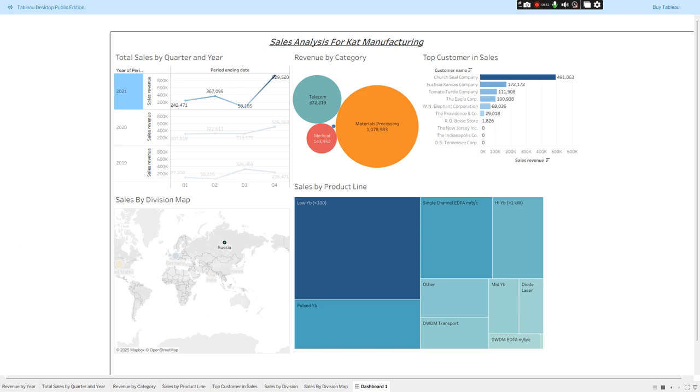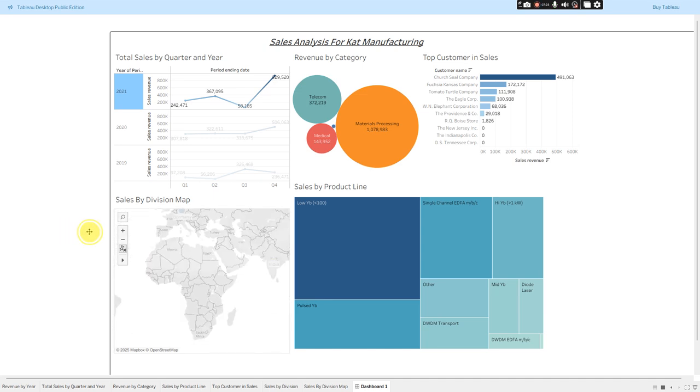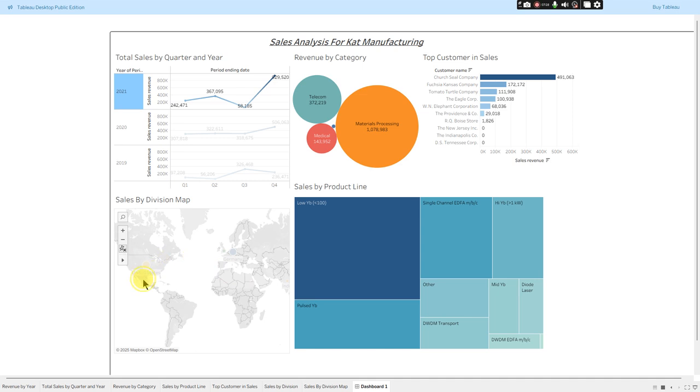Finally, that leads us to our final question, asking me, if I were the management team of CAT manufacturing, what strategy questions would go to this dashboard. That's a really good question because this dashboard would answer, I would say, 99% of any company's questions regarding the data that they've given me. It shows a year by year, quarter by quarter sales revenue analysis, filtered by country and product line, where you can clearly see the countries with the highest sales revenue, being Germany and the United States.